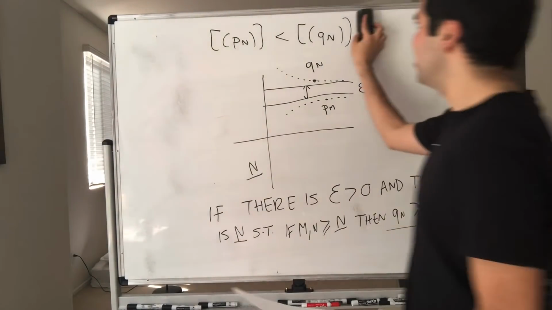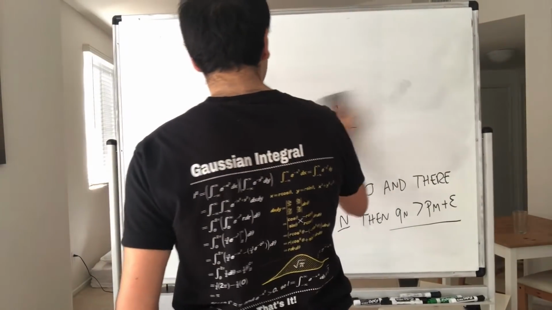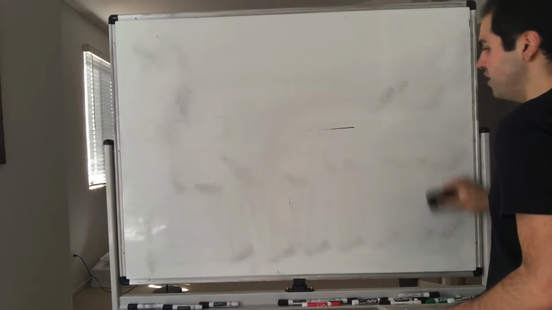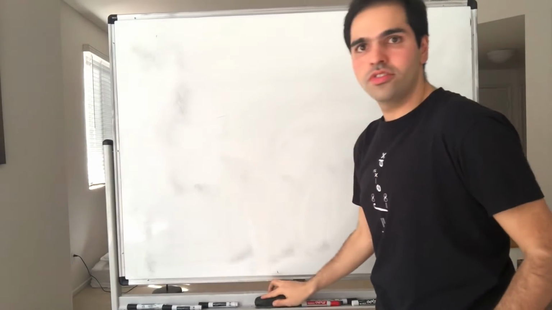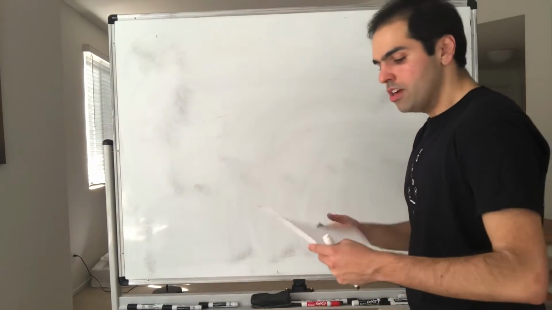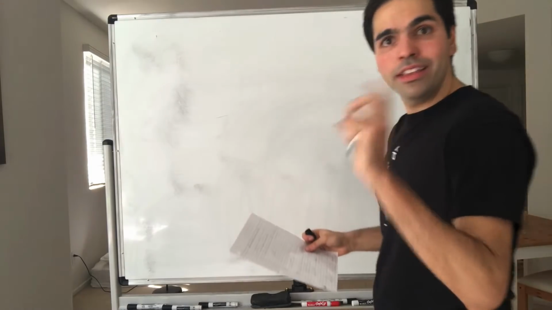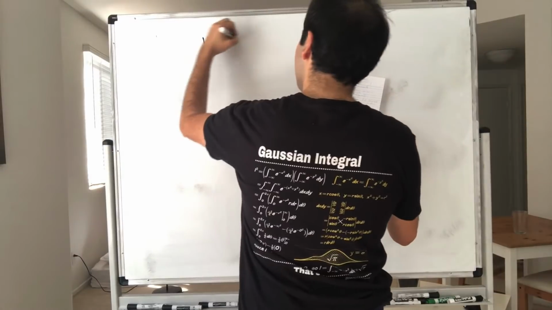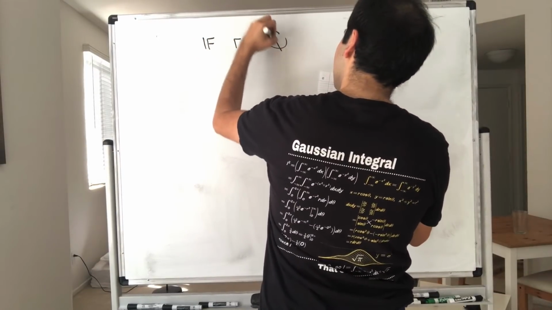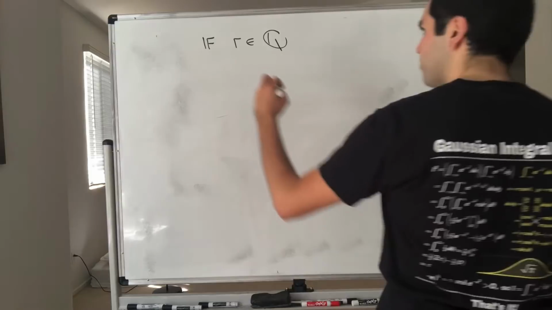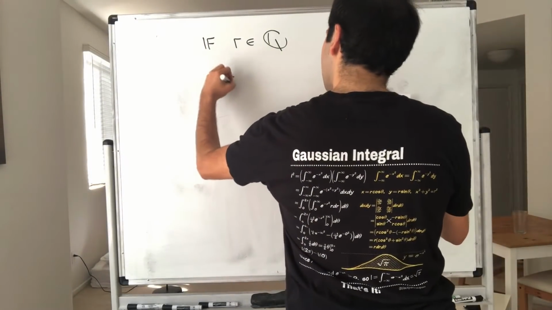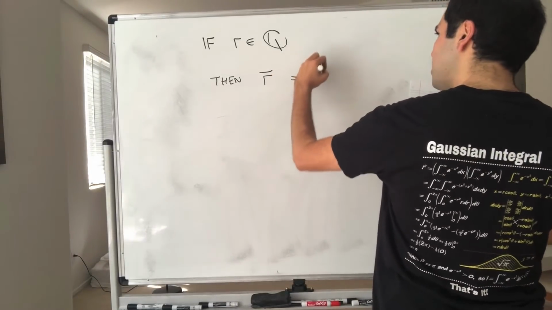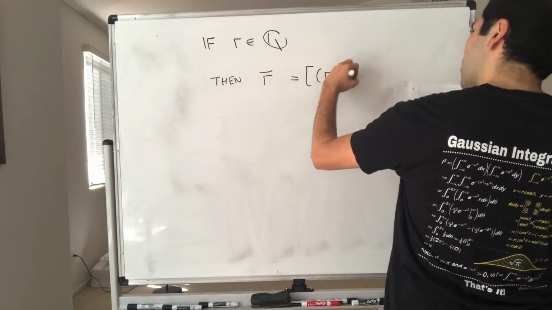So that's already good. And not only that, because at this point it's not clear that a rational number is also a real number, but we can simply embed the rational numbers in the following way. Namely, if r is in Q, then we define r bar to simply be the constant sequence r.